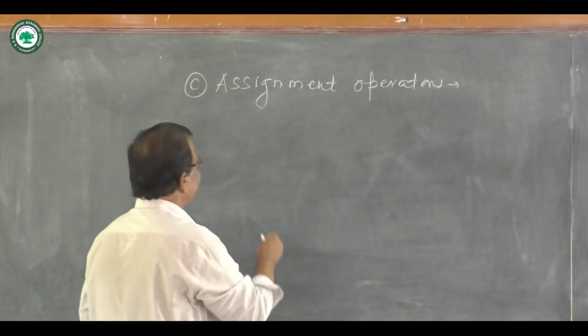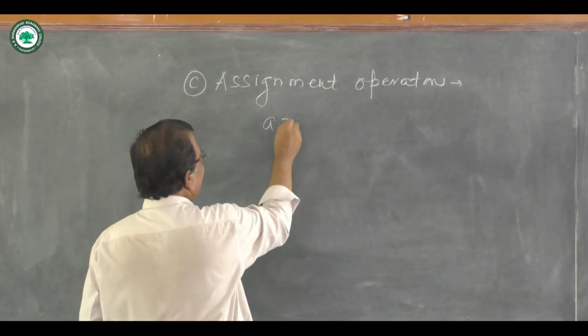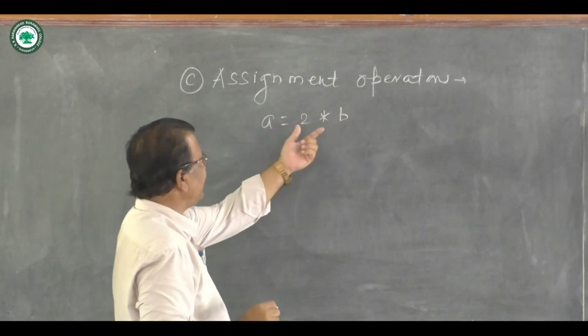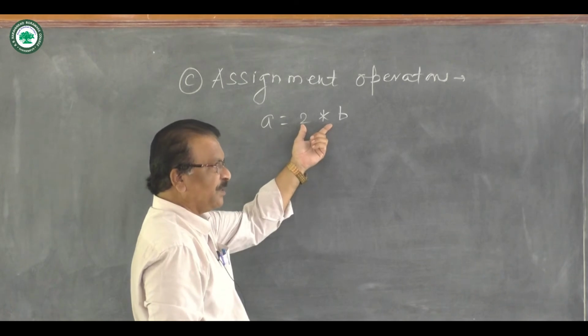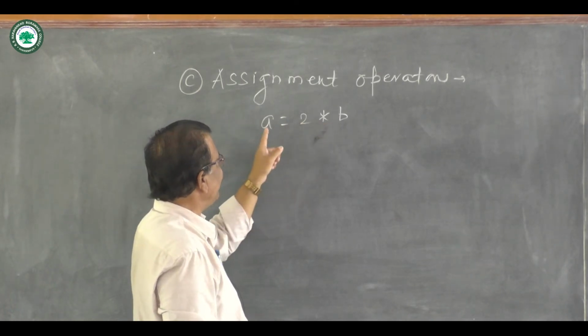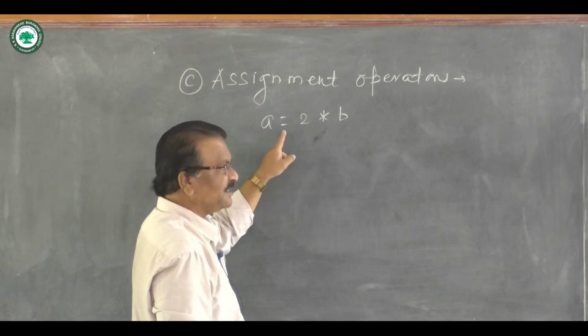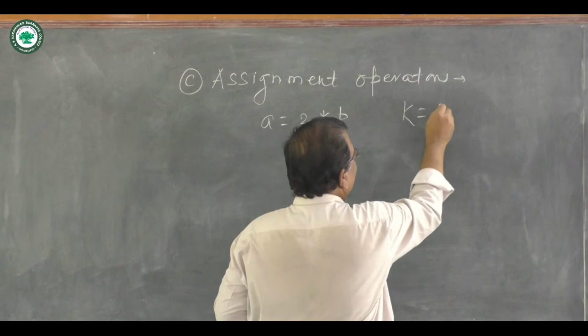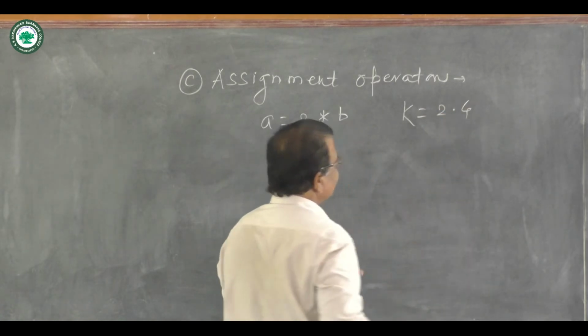Here is an example: A equal to 2 star B. 2 star B is an expression which will be evaluated, will result in a single value, and that value will be assigned to A by this assignment operator. Then similarly, K equal to 2.4.